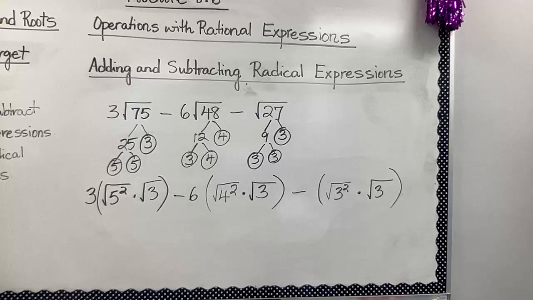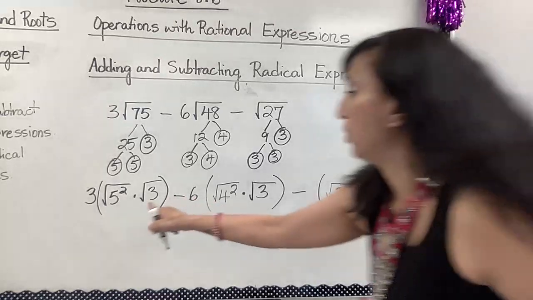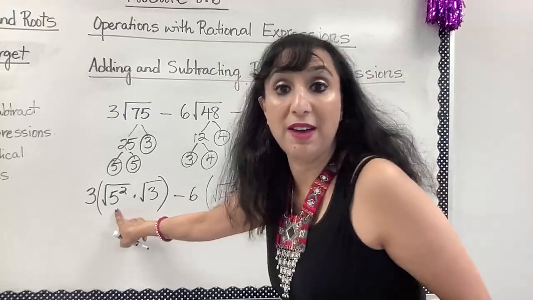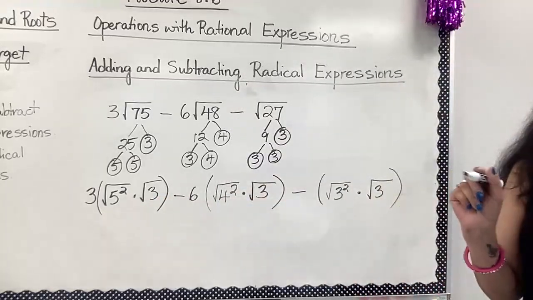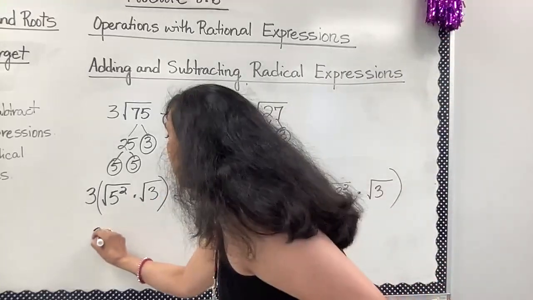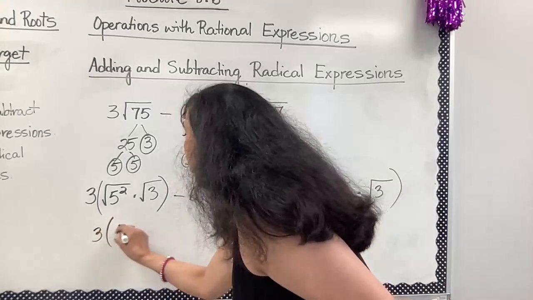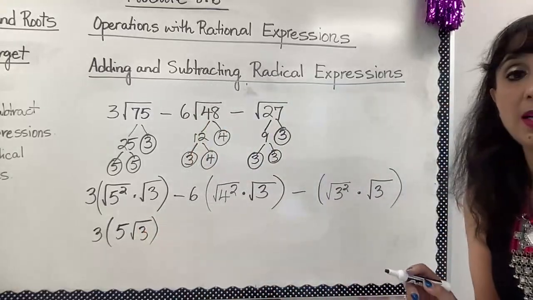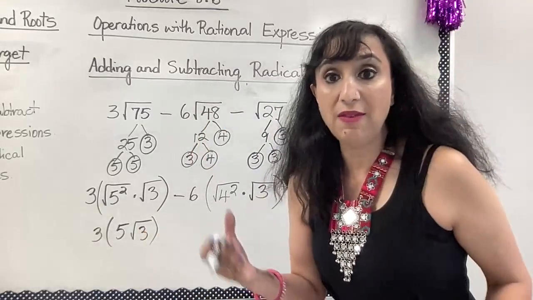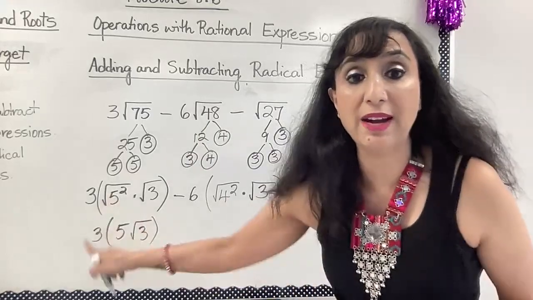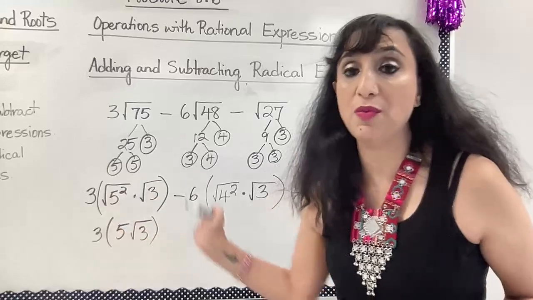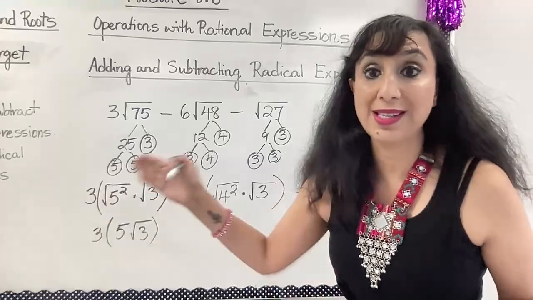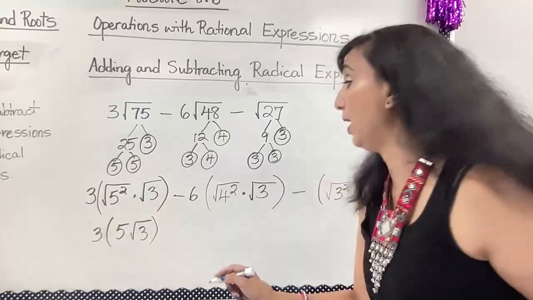Okay, and this one, what is this going to become? This is going to become 5 because 5 squared, right? So this is 3 times 5 root 3, right? Because 5 times 5 is 25, and what is the square root of 25? I'd get 5. So I'm trying to remove everything from under the radical sign because I'm simplifying it, okay?